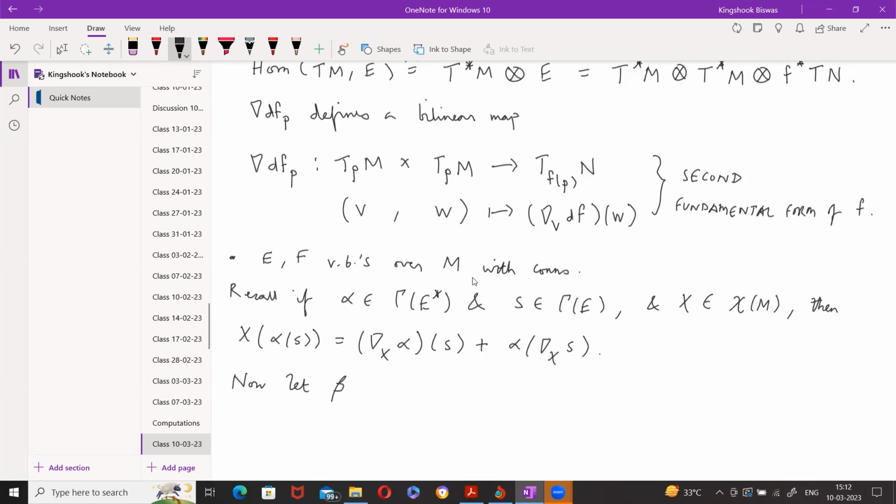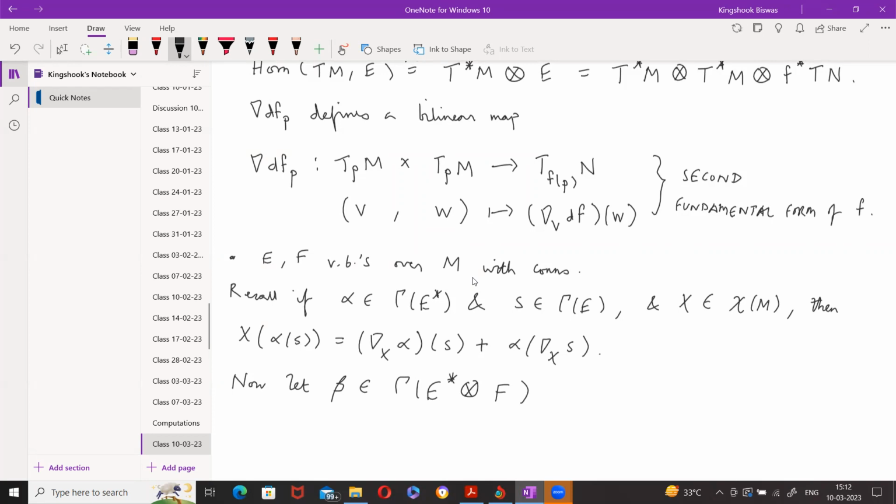Now let beta be a section of E star tensor F. So this is what we're looking at, right? Something like DF, that is a section of E star tensor F, where E is TM and F is the pullback bundle F star of TN.